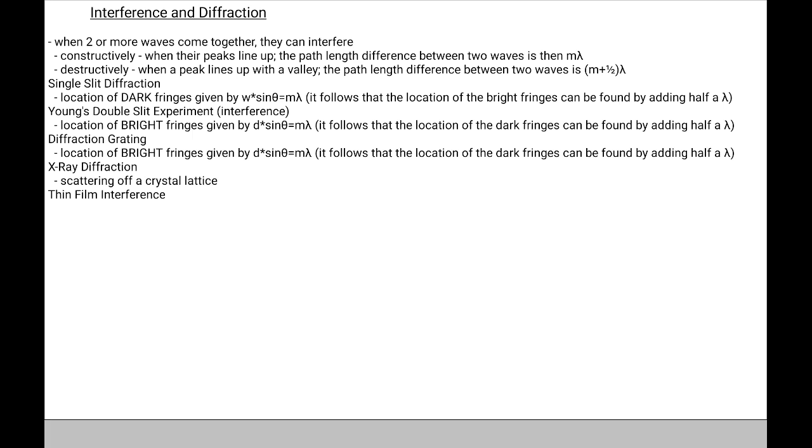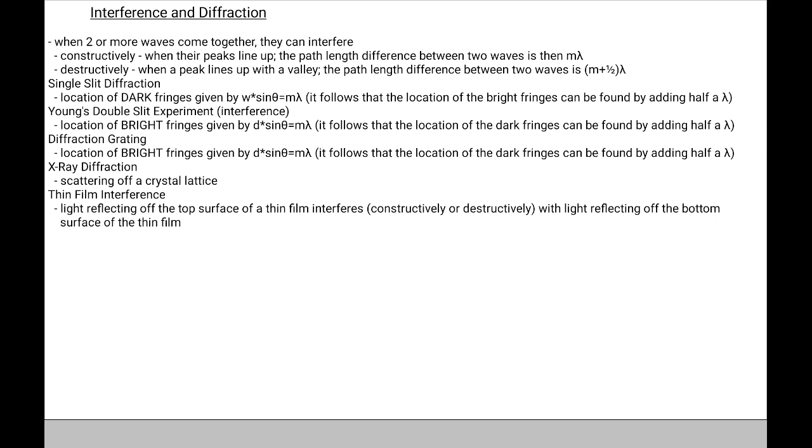Then we have thin film interference. The light reflects off the top and bottom surfaces of a thin film, and the reflections can interfere constructively or destructively. So here we have a thin film, and that can be on top of some surface. This is another layer under the thin film.